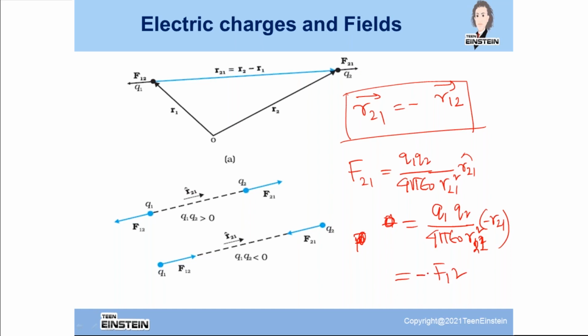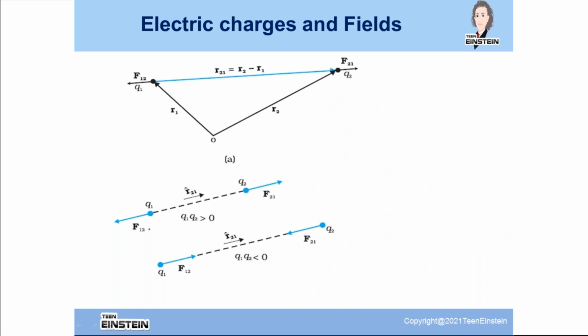Understand? This will be nothing but F12, with the minus sign. So F21 is equal to minus F12. Better to write 1 2 itself, since R12 square is equal to R21 square. These are the same.